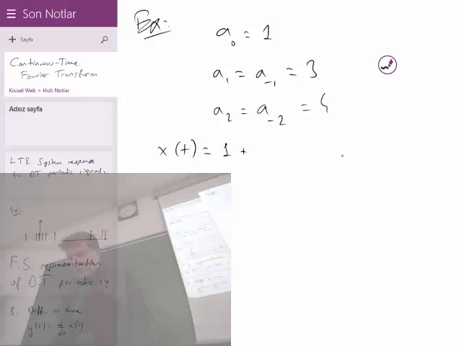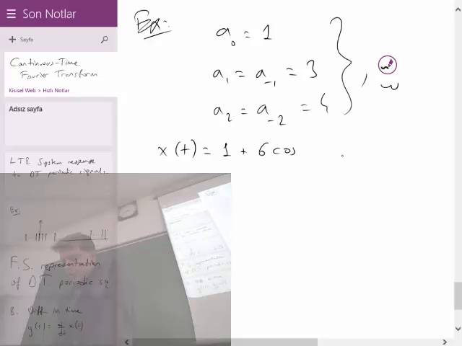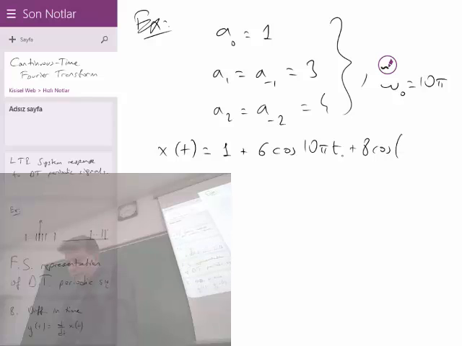It is 1 plus 6 cosine, and we have to define omega 0 equal to something. Just give me a frequency, 10 pi. So this one is 1 plus 6 cosine 10 pi t plus 8 cosine 20 pi t.